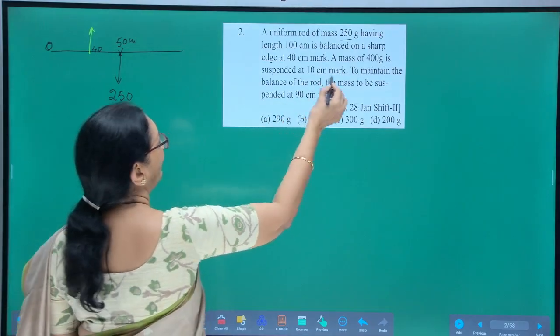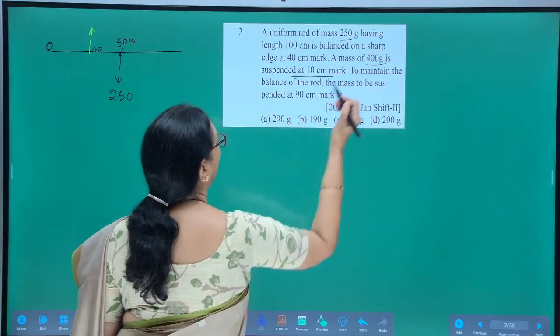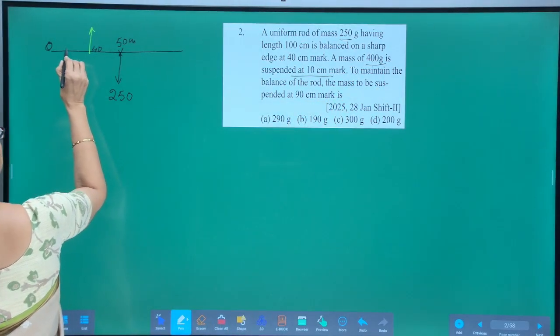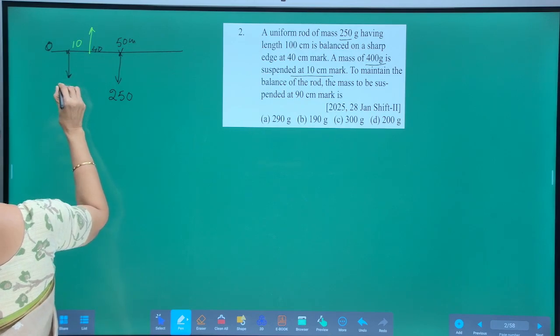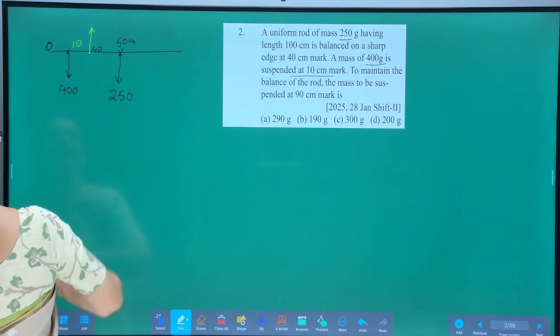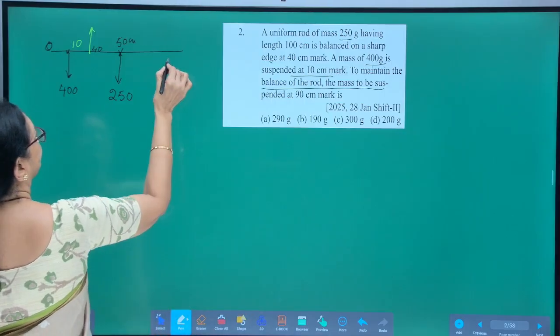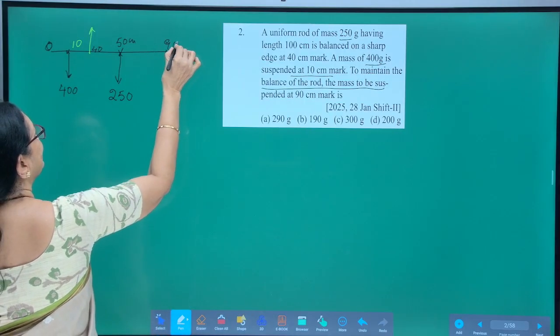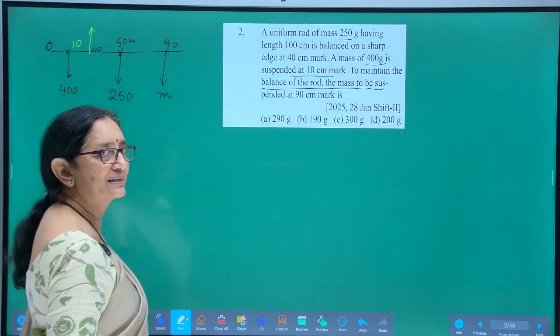A mass of 400 grams is suspended at 10 centimeter mark. So, here this is 10 centimeters mark and a mass of 400 grams is suspended at that point. To maintain balance of the rod, what mass should be suspended from 90 centimeters mark?